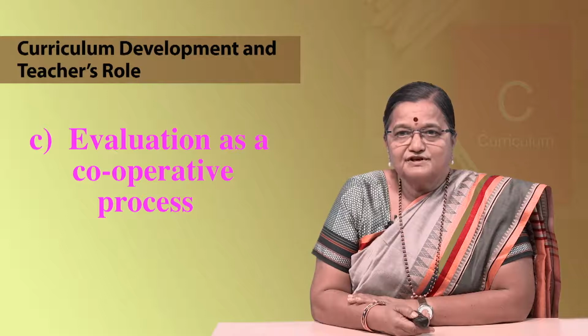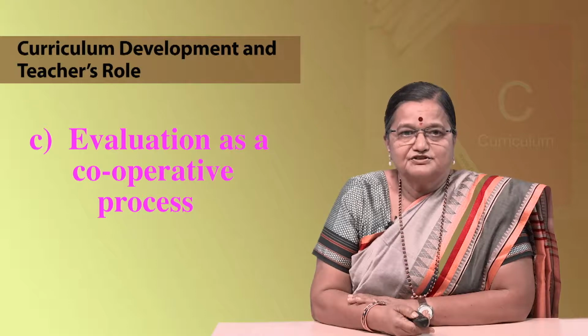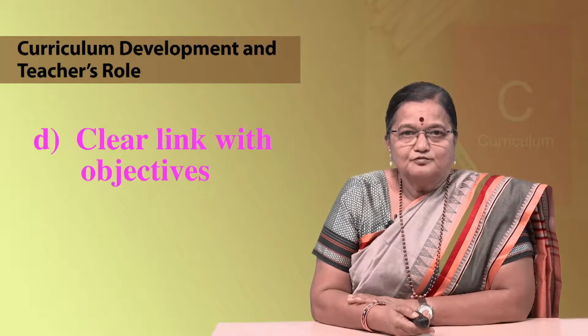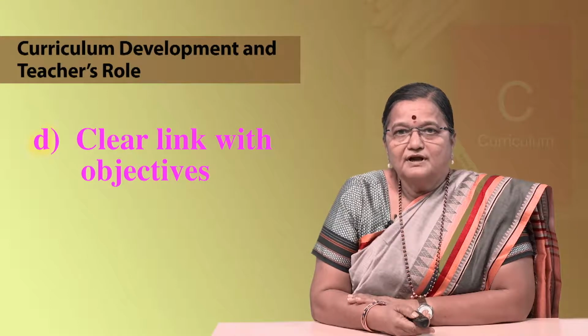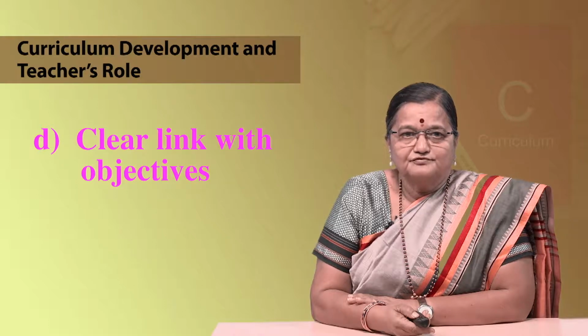Supervisors and administrative officers also cooperate in the program in order to give it balance, directional and systematic considerations. Number 4, clear link with objectives. The teacher has to continually ensure that assessment and evaluation is in line with objectives.